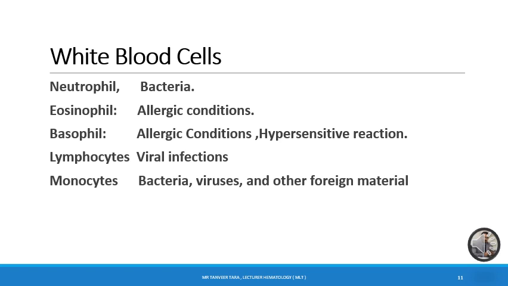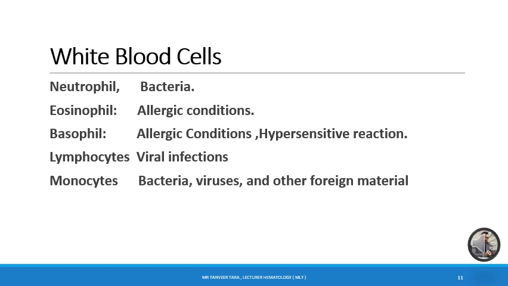Monocytes are the largest of the circulating white blood cells, with a diameter of 17 to 24 micron, which is 2 to 3 times that of the erythrocyte, because we know that erythrocyte size is about 7.5 to 8 micron. So these five cells are white blood cells, and they have their own role.